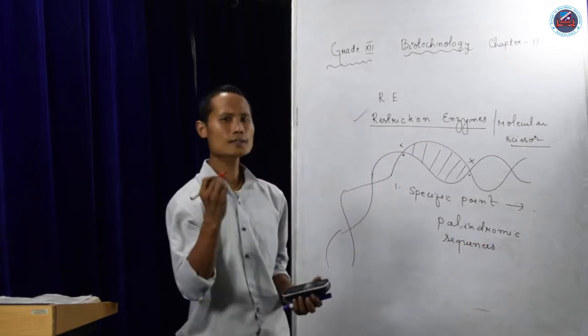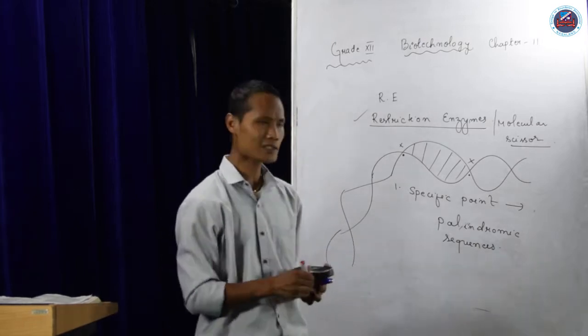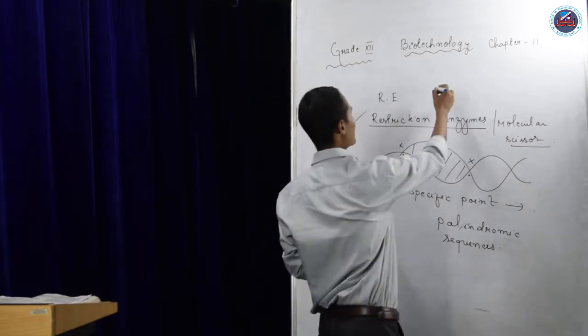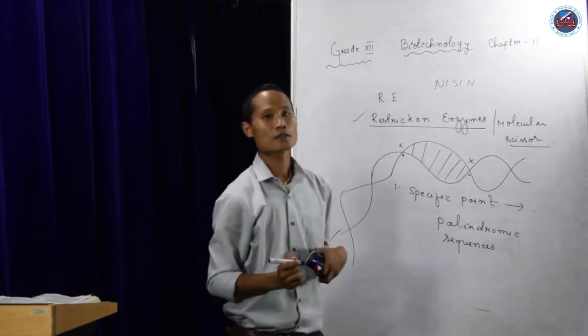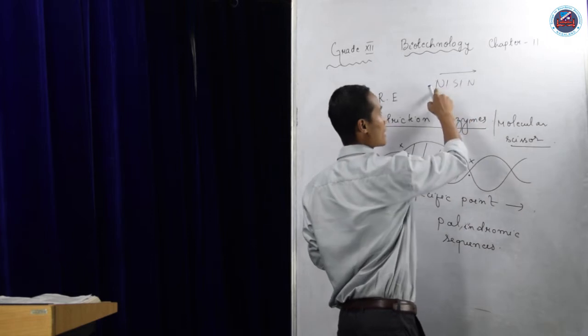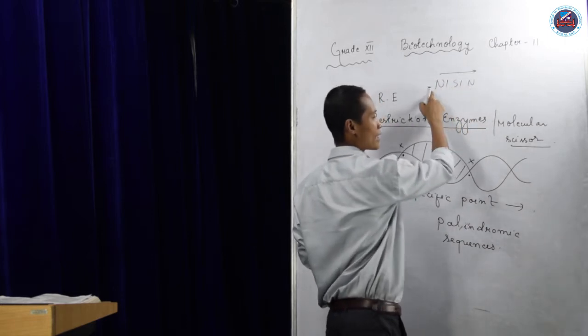What does it mean? The meaning of palindromic sequences is, for example, NISIN, N-I-S-I-N, a name. Now you read it backward, N-I-S-I-N.